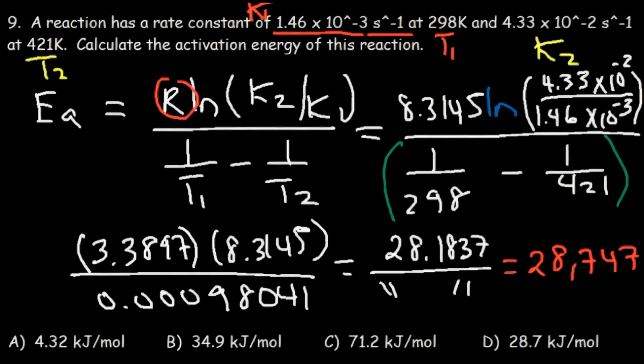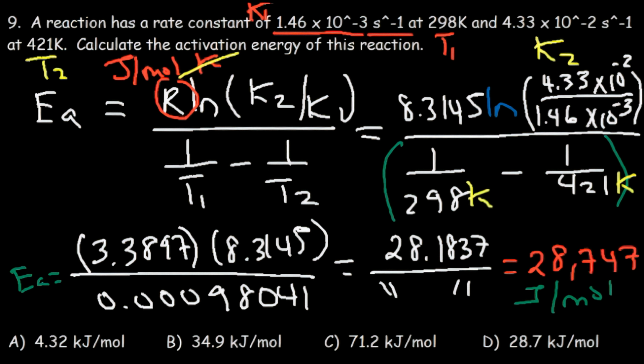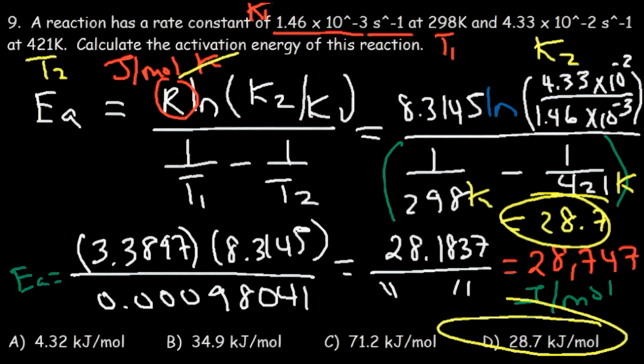But because R has the units joules per mole per Kelvin, E_A, the activation energy, is going to have the units joules per mole. The Kelvin unit cancels with the Kelvin temperatures on the bottom. But we need kilojoules per mole. So to convert from joules to kilojoules, divide by 1,000. So then you should get 28.7 kilojoules per mole. So D is the right answer.